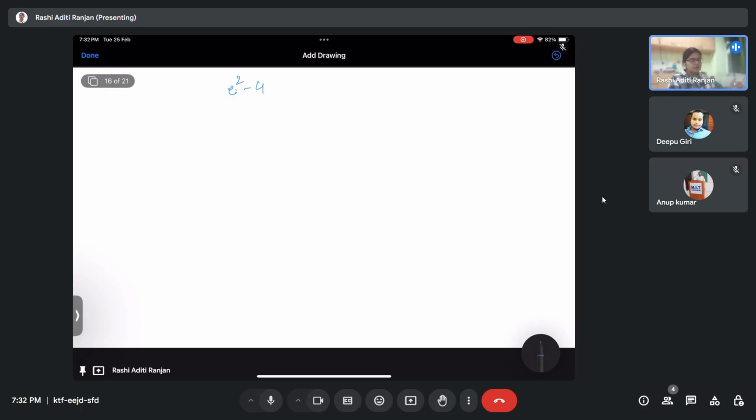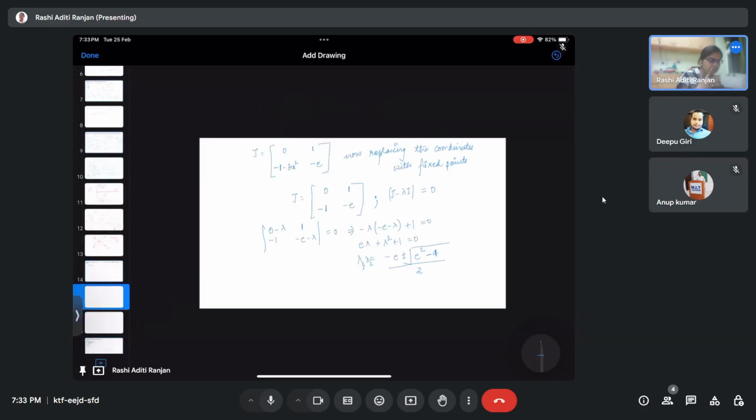Now if my e square minus 4 is greater than 0, lambda 1 and lambda 2 are going to be real, right? Now, if they are real, which is fine, there could probably be two values of lambda 1 and lambda 2.